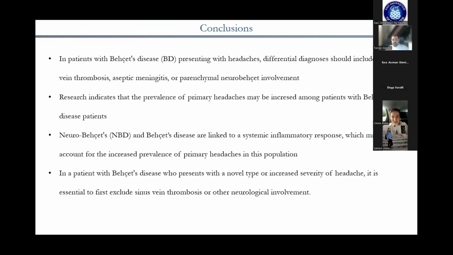Neuro-Behçet's disease and Behçet's disease are linked to a systemic inflammatory response, which may likely account for the increased prevalence of primary headaches in this population. In a patient with Behçet's disease who presents with a novel type or increased severity of headache, it is essential to first exclude sinus vein thrombosis or other neurological involvement.